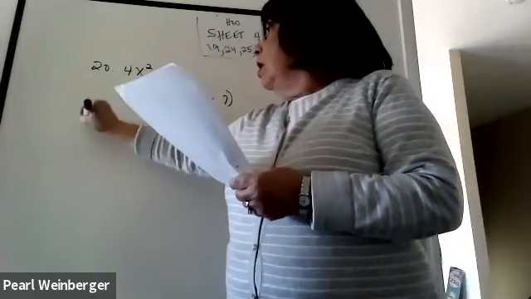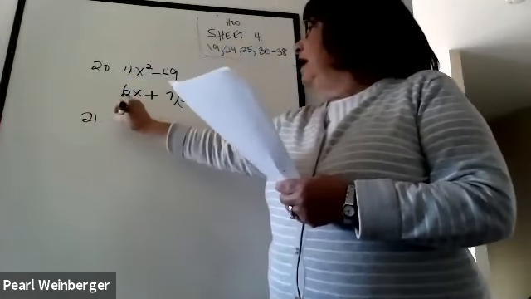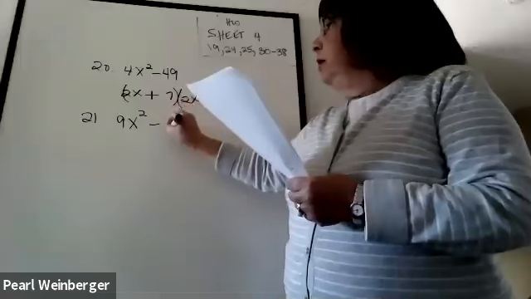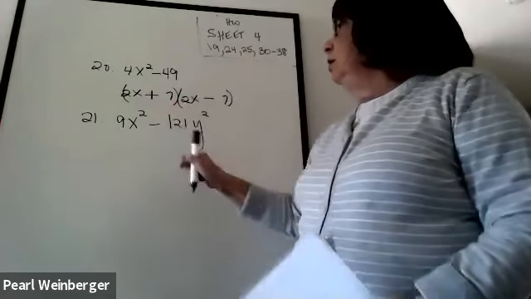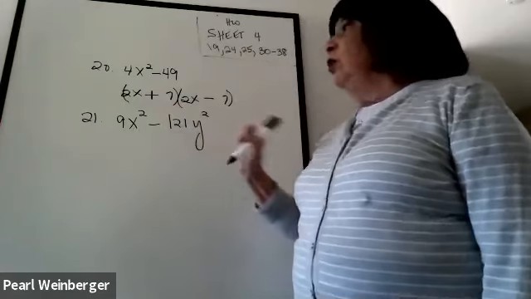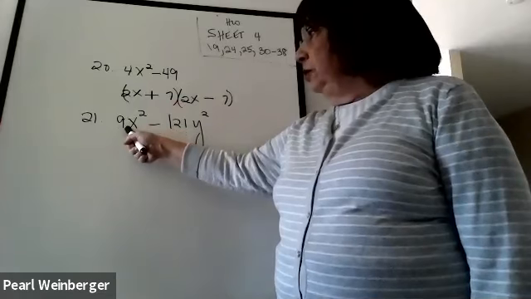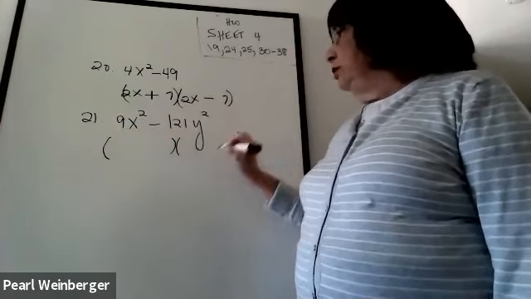Number 21, we have 9x squared minus 121y squared. Again, it's a binomial. There again is no common factor, but the first term is a perfect square, and the second term is a perfect square.